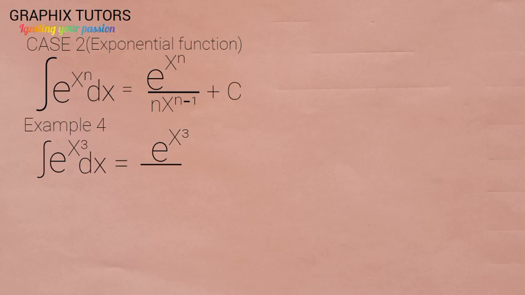So when you differentiate x cubed, you're going to be having 3x squared, then plus c. Whenever you're given an exponential function, you divide by the differential form of the power, right?